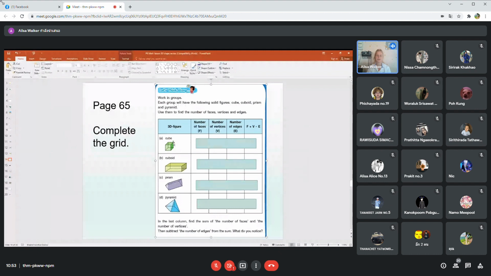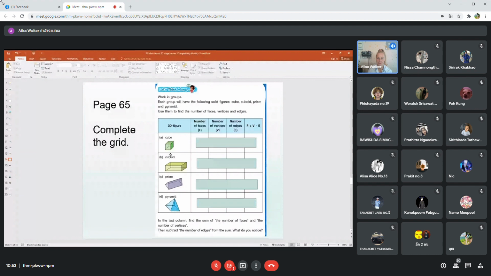And how many edges? So that's what you need to find. Then at the end, it wants you to add the faces plus vertices, then minus the edges. So you need to do it for cube, cuboid, prism, and pyramid.